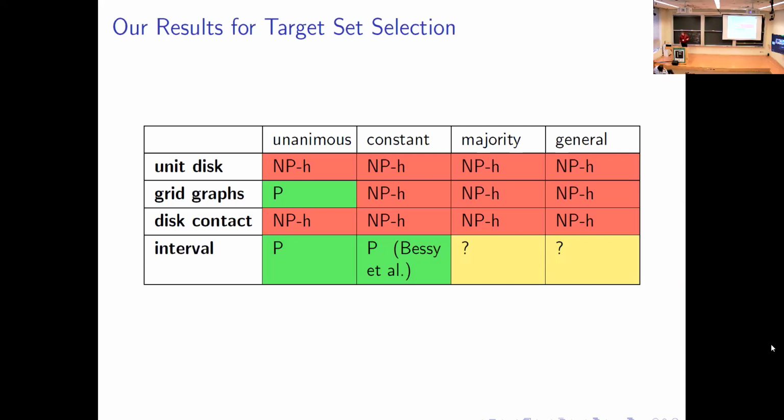Then the disk contact graphs are the class of planar graphs, and there is the class of interval graphs, which is also an intersection graph family where you don't take disks, but you take closed intervals. And the results hold even if the degree is very small.